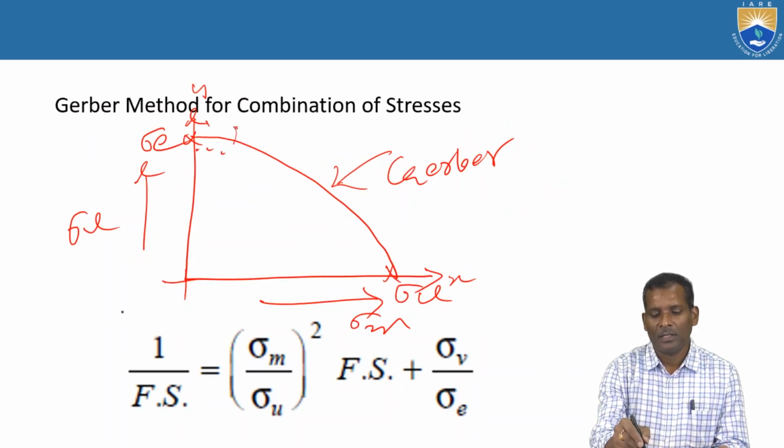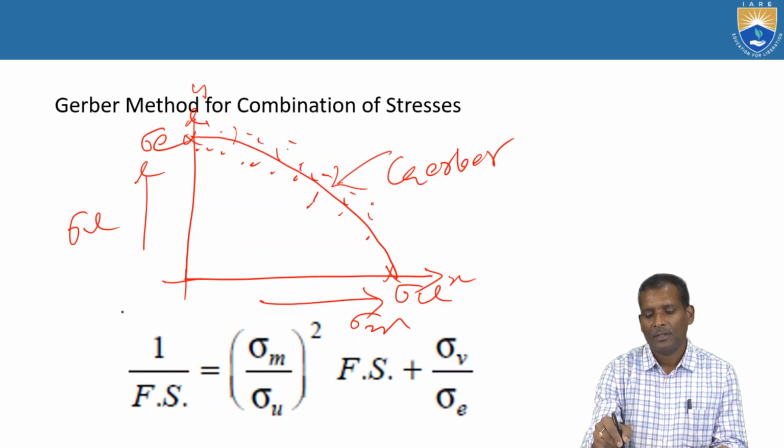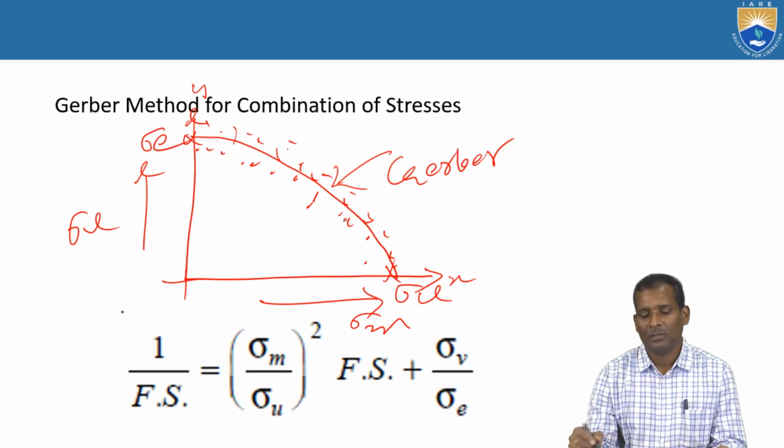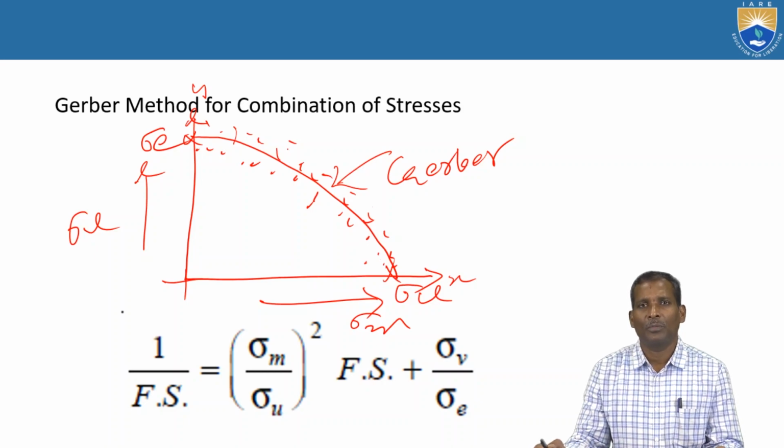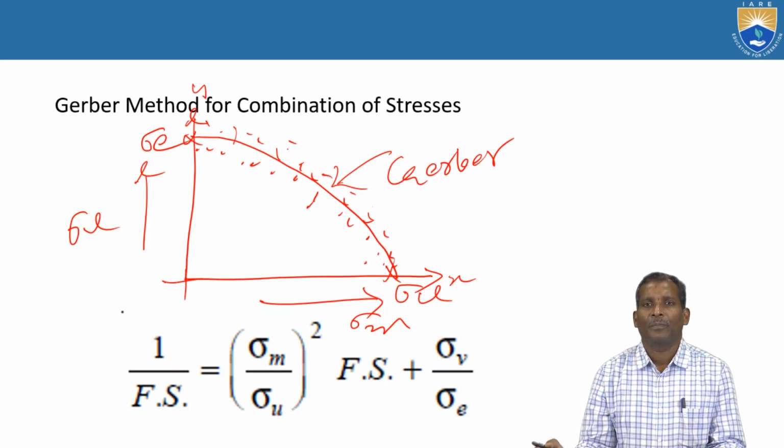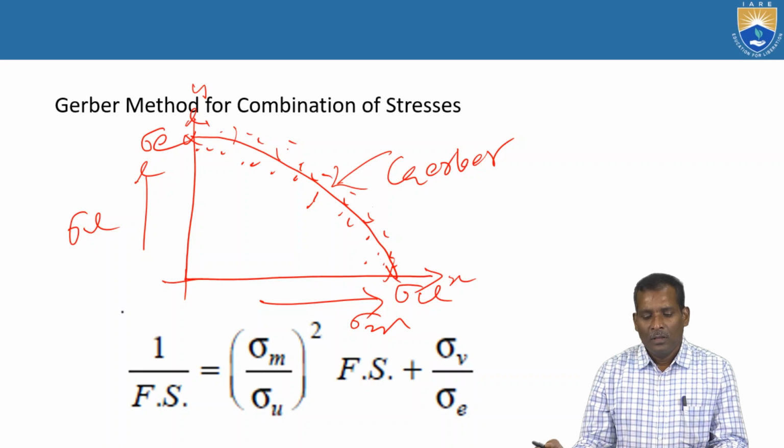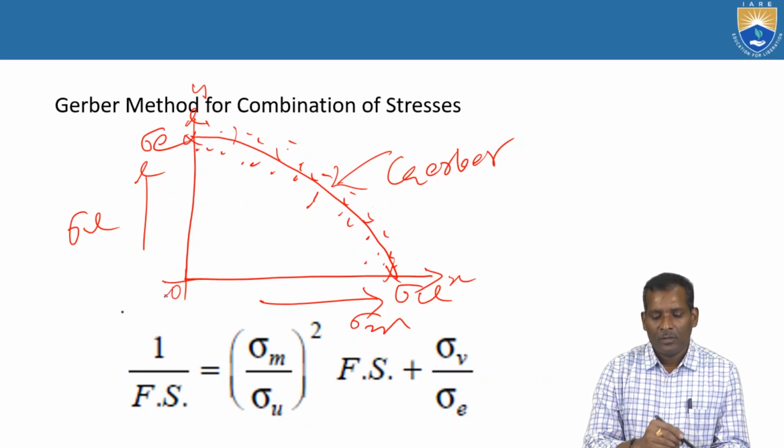So for all the failure points up to this zone, the component will not fail. Beyond these values, the component may fail.